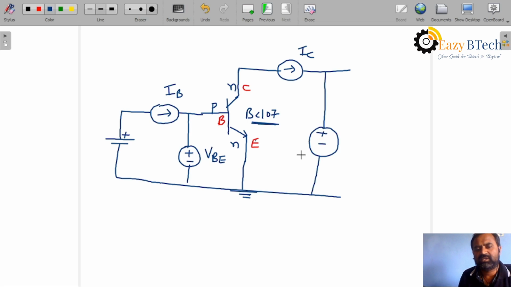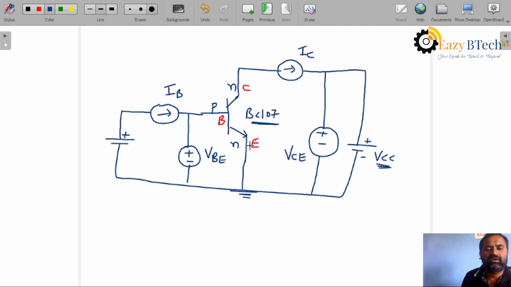To operate this region in reverse bias, this voltage is VCC. This is the common emitter configuration. Common emitter configuration diagram.